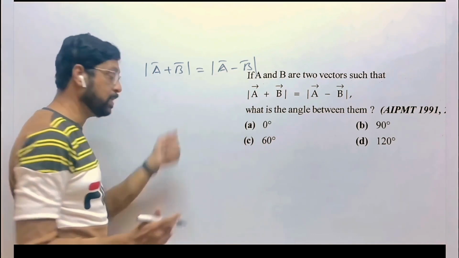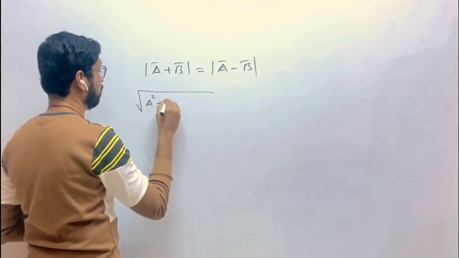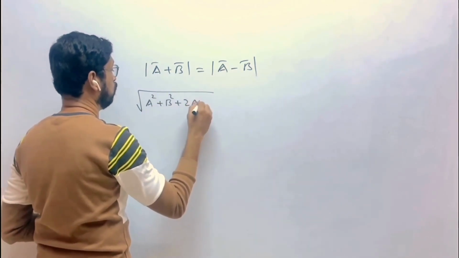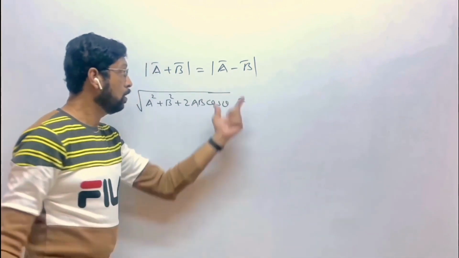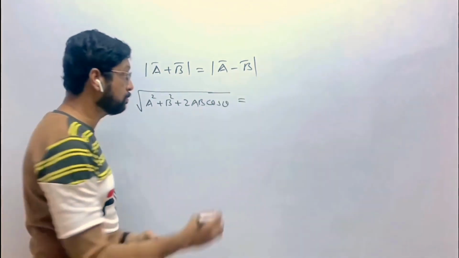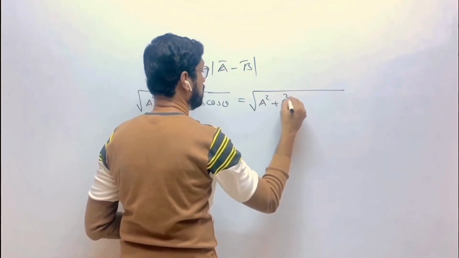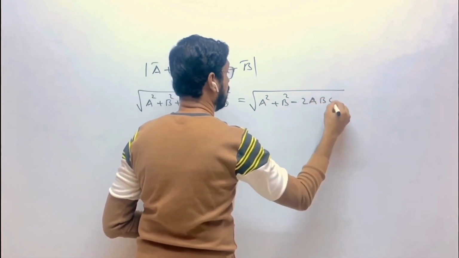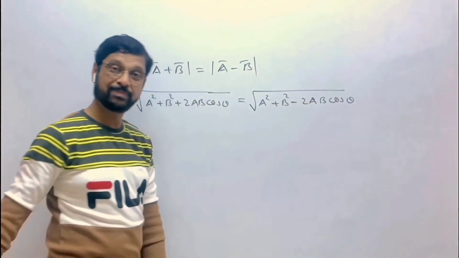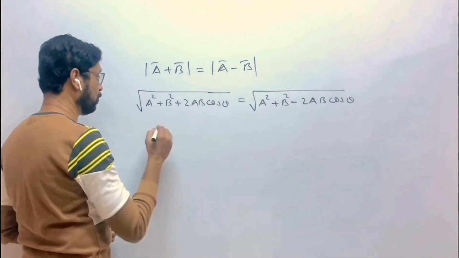Mod A plus B is under root A square plus B square plus 2AB cos theta. That is equal to magnitude of A minus B, which is under root A square plus B square minus 2AB cos theta. Am I right? Square both the sides, तो square roots निकल जाएंगे.